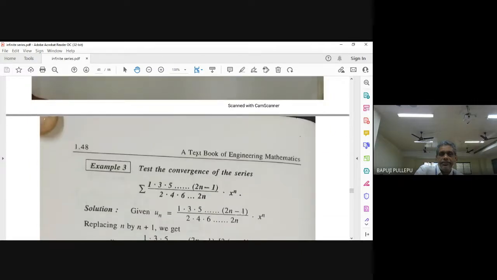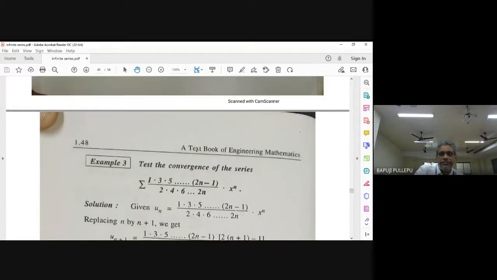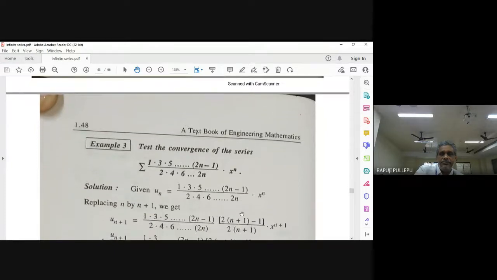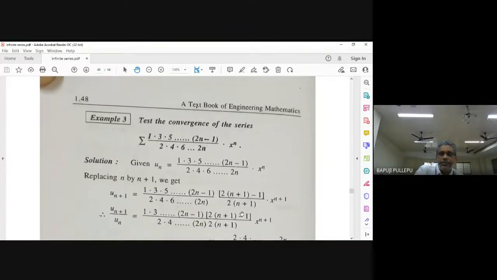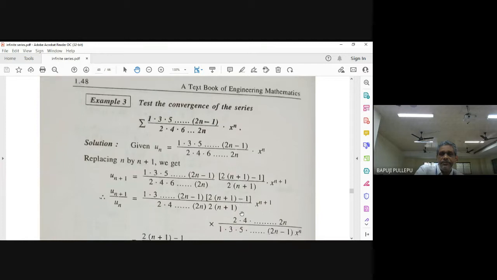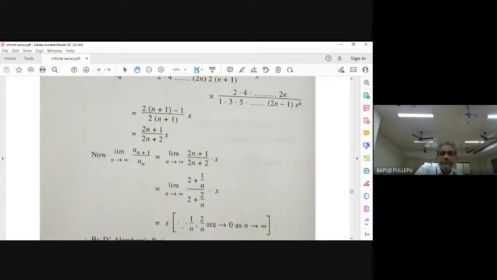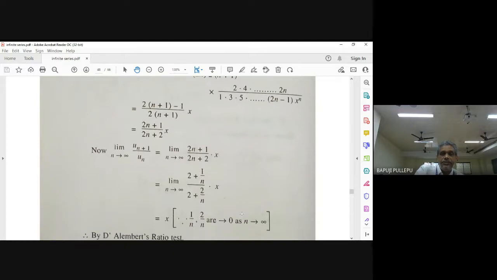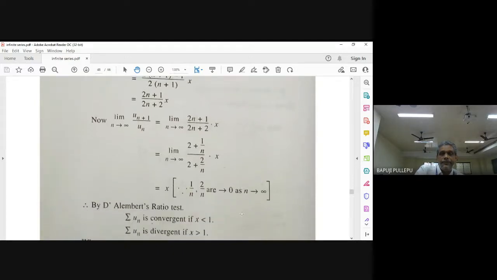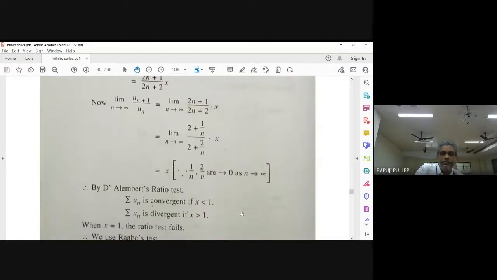Again, x is coming, a very dangerous case: convergence of series. The u(n) term is only given, we don't worry. Yes, you can prepare n plus 1, then u(n+1) and u(n) you can prepare. About x, I want to think. If you do the D'Alembert's ratio test, 1 you are getting. Again, x: if u(n) is convergent, x is less than 1.